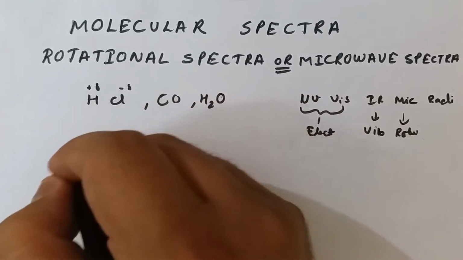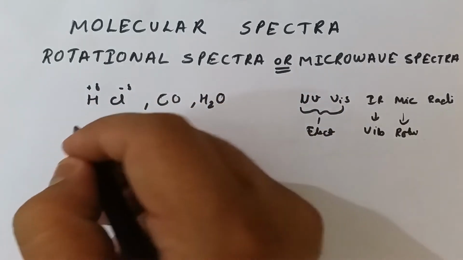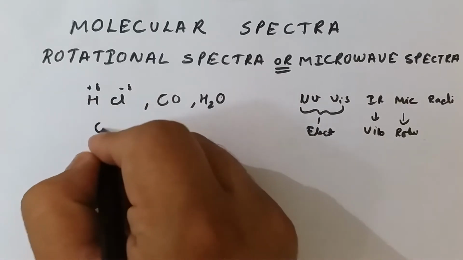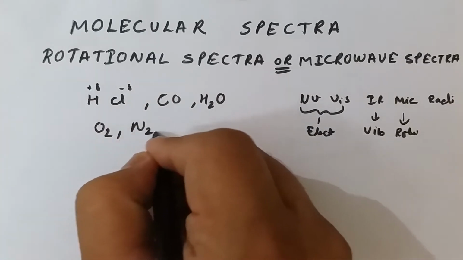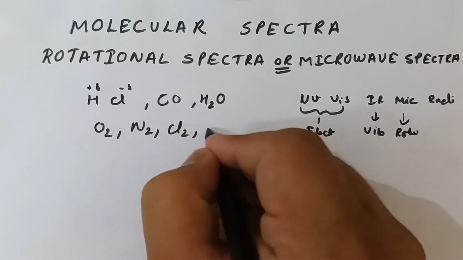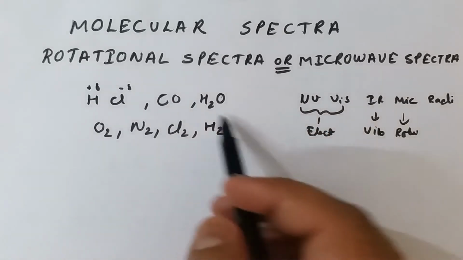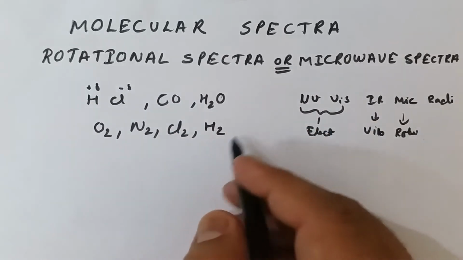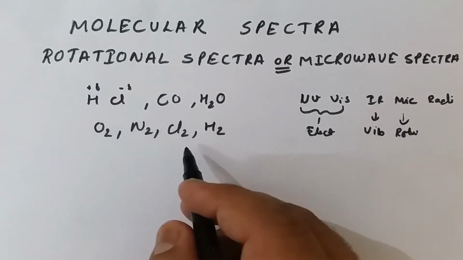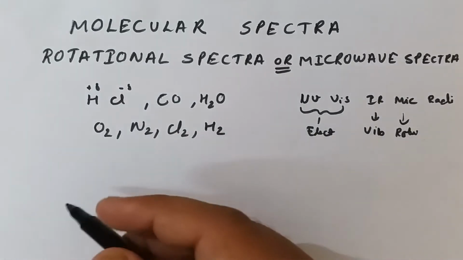These molecules show a permanent dipole, whereas homoatomic molecules, like oxygen, nitrogen, chlorine, and hydrogen, do not have a dipole moment, and as a result they will not show rotational spectra.